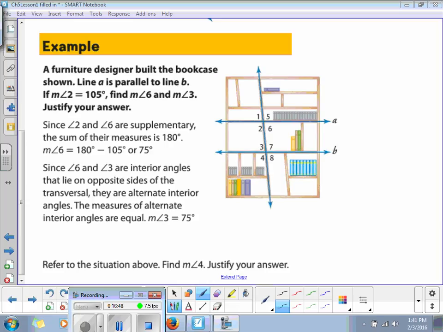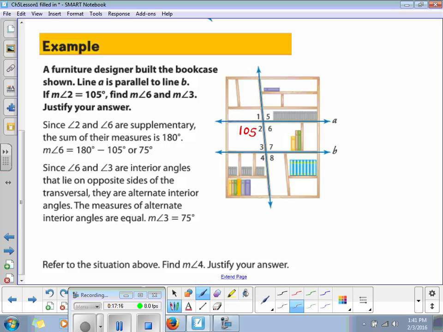A furniture designer built the bookcase shown. Line A is parallel to line B. Line A and line B are parallel. If the measure of angle 2 is 105, find the measure of angle 6 and the measure of angle 3.